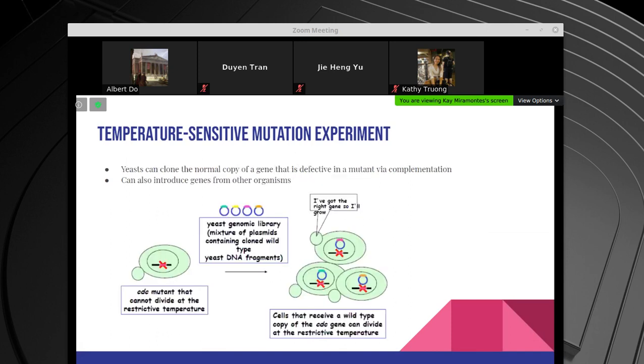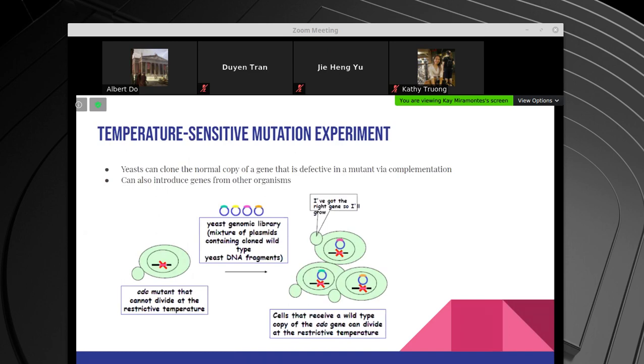So once you can identify these mutations, it's easier to clone the genes in yeast. One general strategy that is commonly used is complementation cloning, which involves taking a mutant and transforming it with a library of yeast DNA fragments, which represents all the possible genes in yeast.